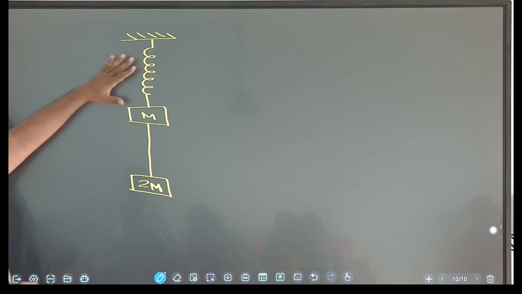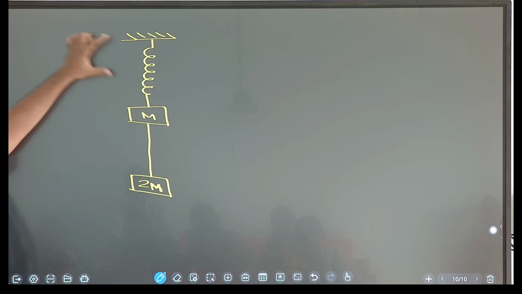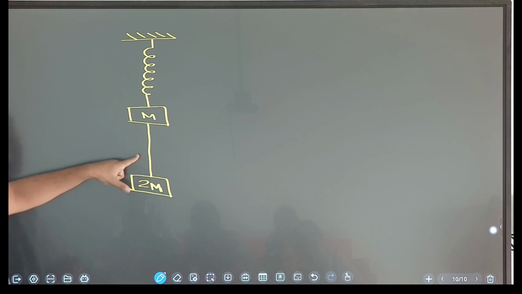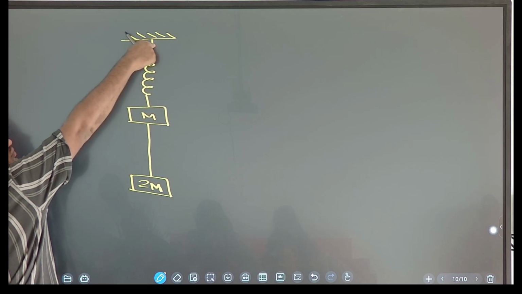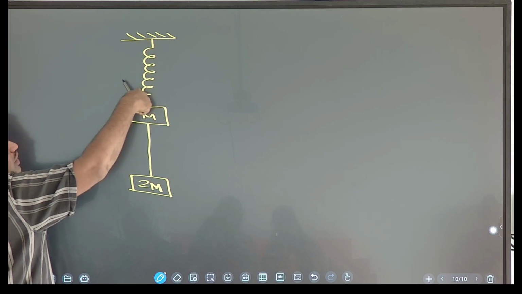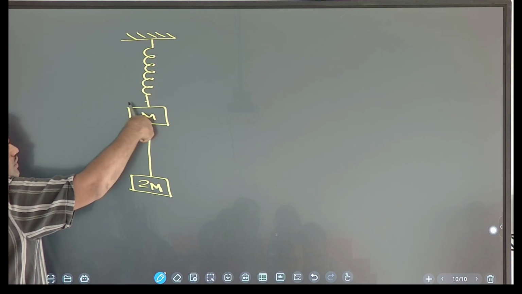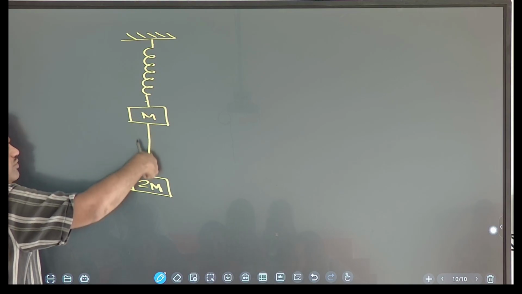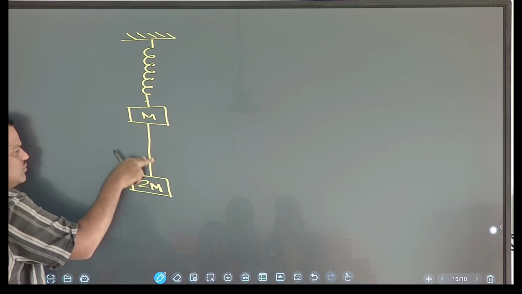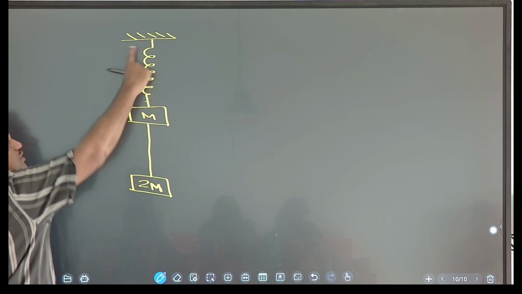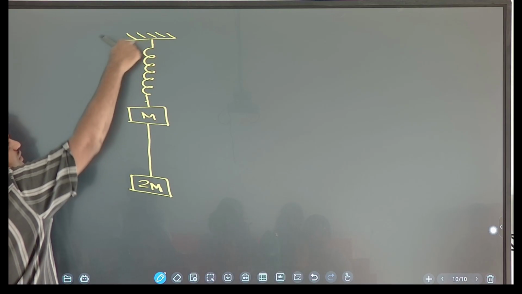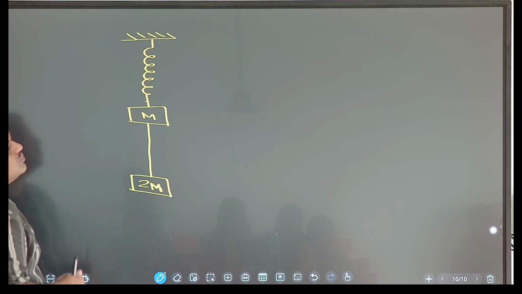So in this diagram we have spring and string. Now I can cut the spring here, and I can cut the string anywhere. But for the spring, if you cut here, what happens?